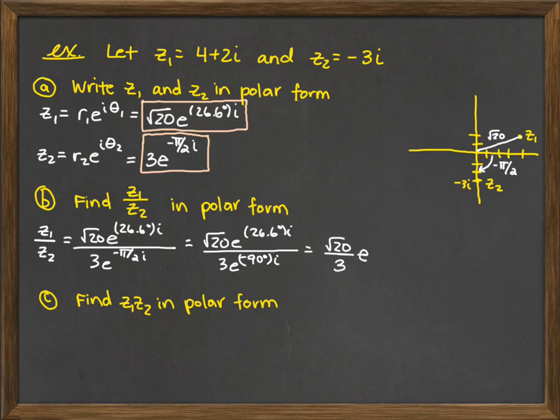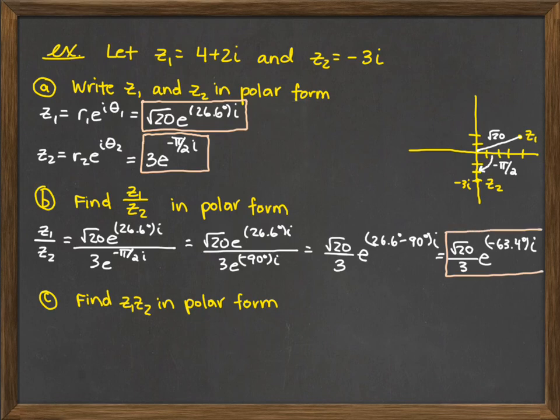And then, since we have the same base e, I'm going to take 26.6 degrees minus 90 degrees. And finally, that's going to give me negative 63.4 i. So this would be the quotient of these two complex numbers in polar form.